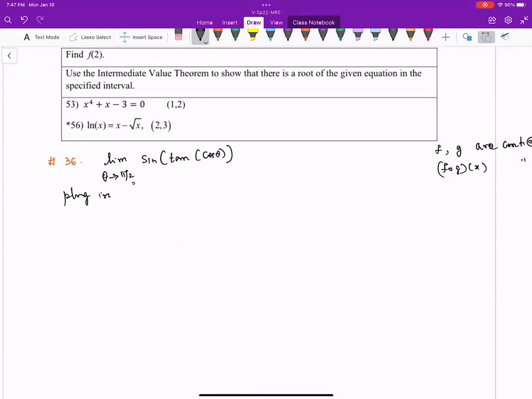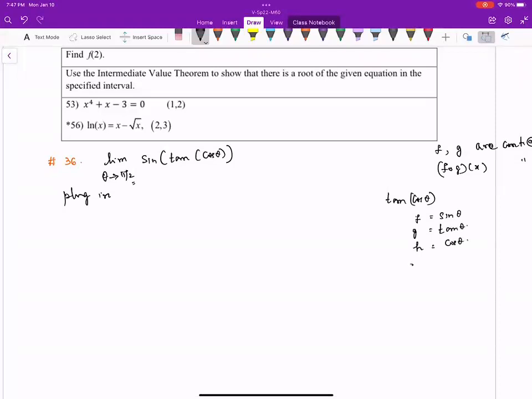So can we write this as a function of a function? Of course, tan of cosine theta is a function of a function. So let's say you can consider f to be equal to sine theta and g to be equal to tan theta and h to be equal to cosine of theta, right?